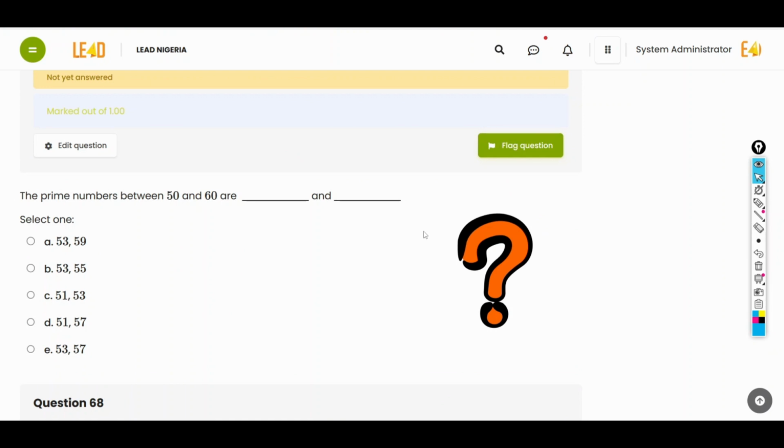Okay, so the prime numbers between 50 and 60. Let's list out all the numbers and use our divisibility rules to eliminate them. Let's take out the numbers that are composite. 50 is composite.